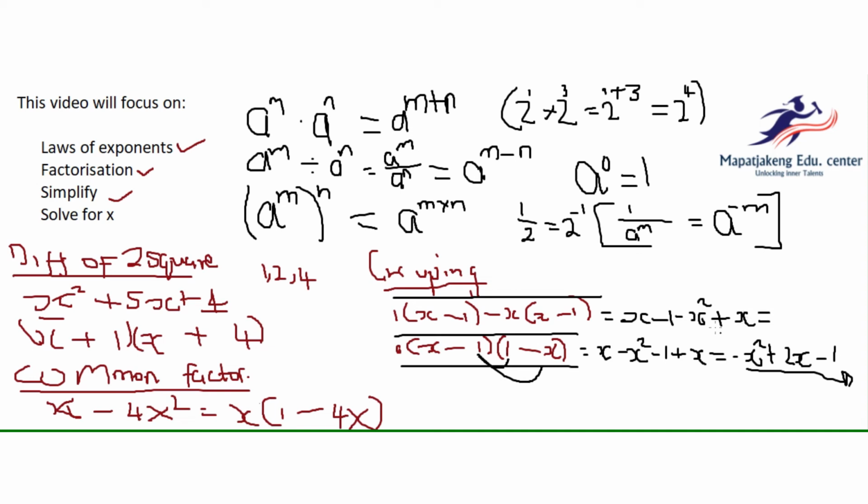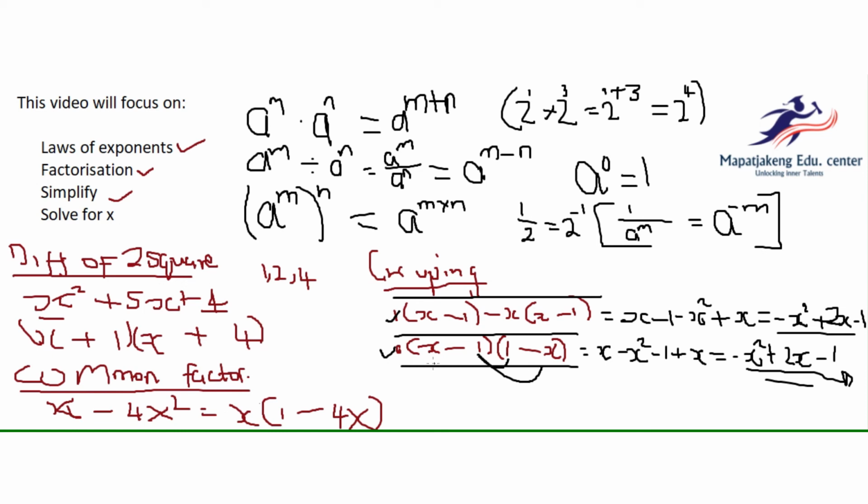Then you end up having this x and that x being like terms. We write negative x squared here, plus 2x, because x and x makes 2x, and what's left is just minus 1 because it has no other like terms. You see this one and this one are the same, meaning we factorized by grouping, and by multiplying we are simplifying. Sure, you understand the relationship between simplifying and factorizing.